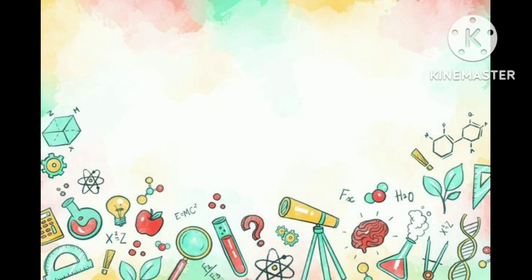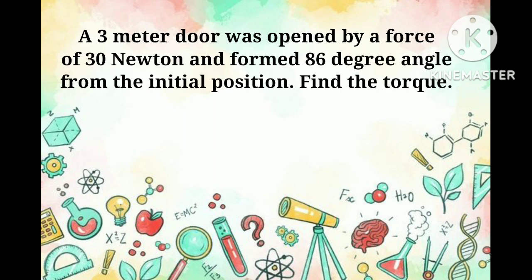Let's have an example. A 3-meter door was opened by a force of 30 Newton and formed an 86-degree angle from the initial position. Find the torque. Before I compute the problem, let's write the given first.